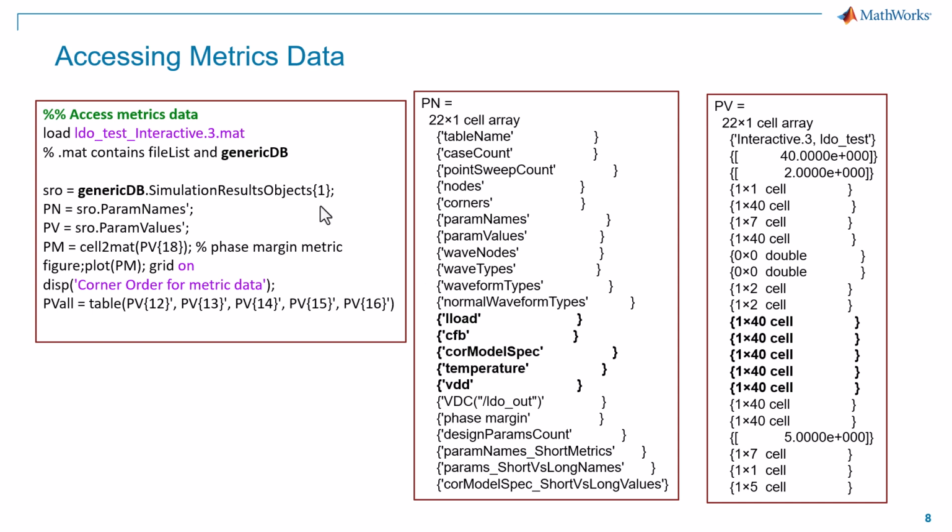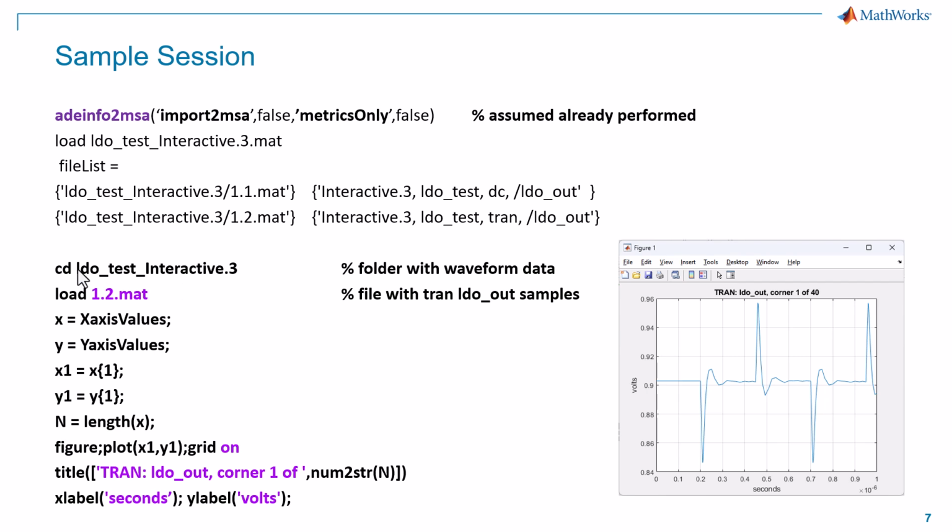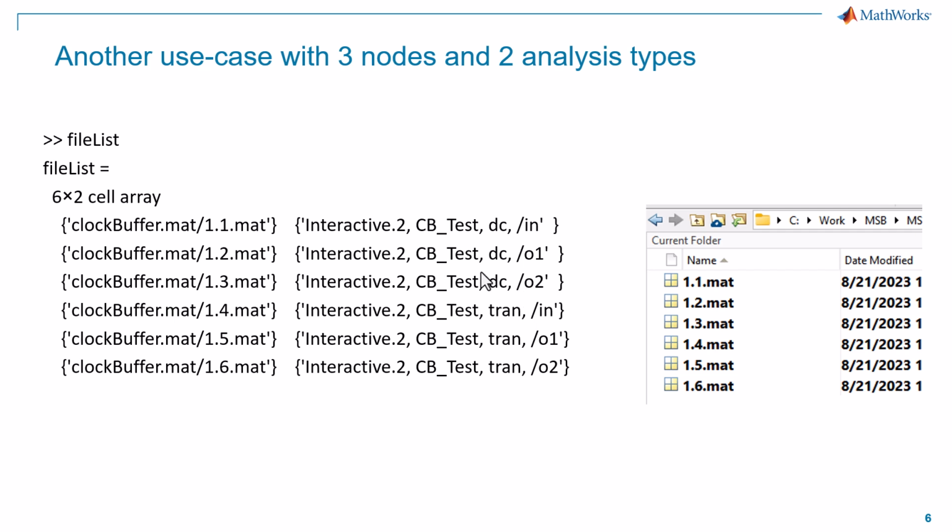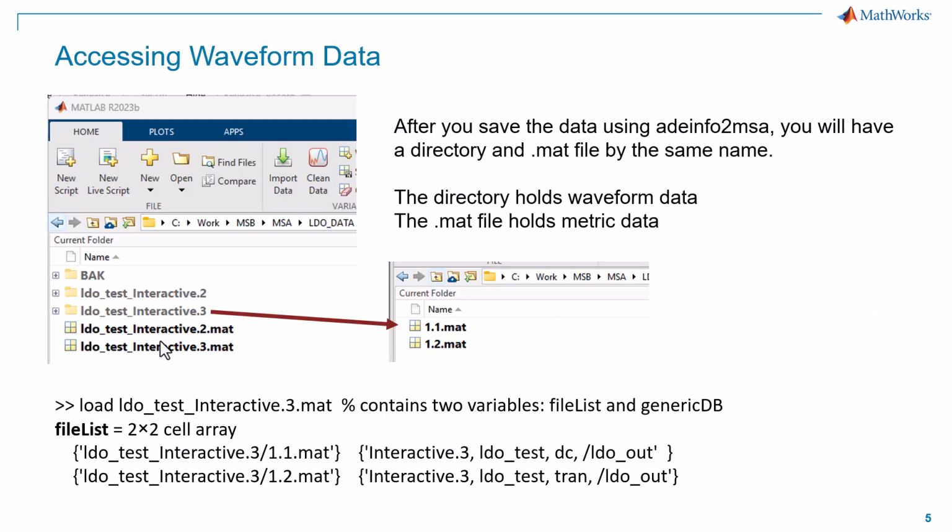All right, so let's just jump into an example. Using our previous LDO example, I'm loading the .mat file, the same .mat file that we had created and loaded before. If I go back a page, remember we had our LDO test interactive .3 or .2, whichever run you had.